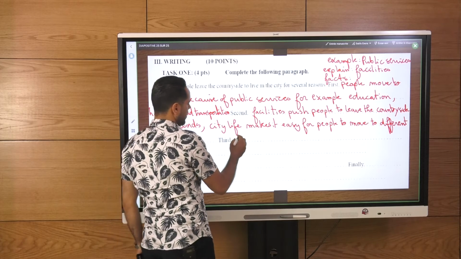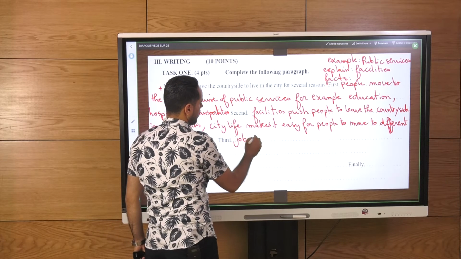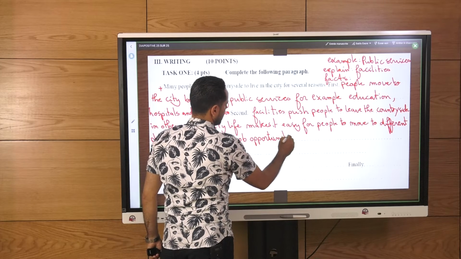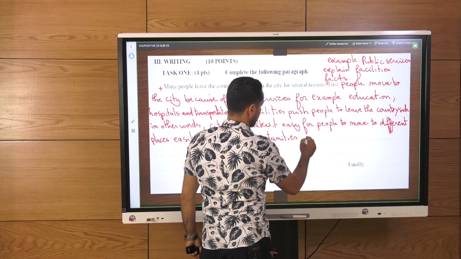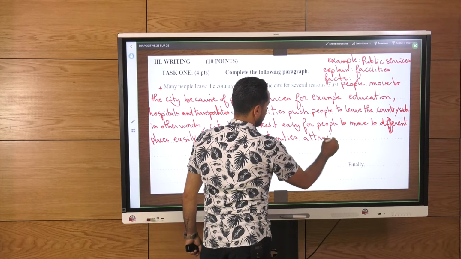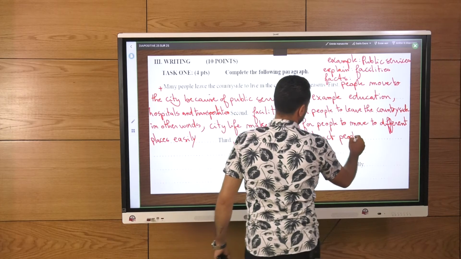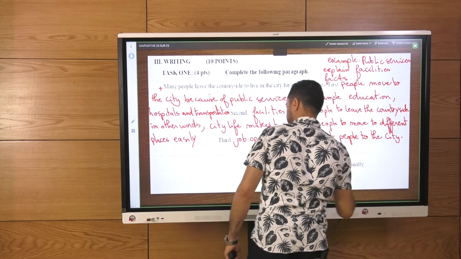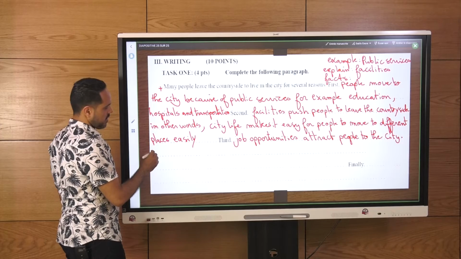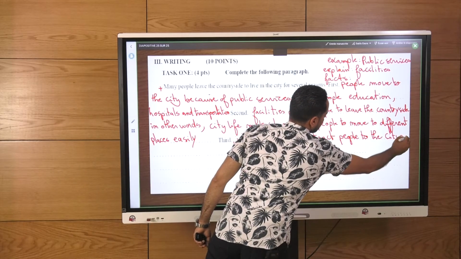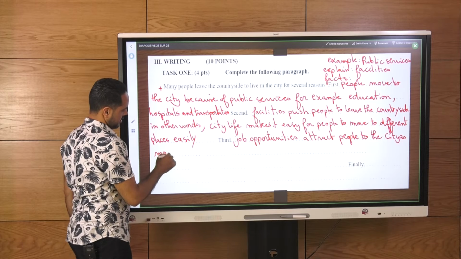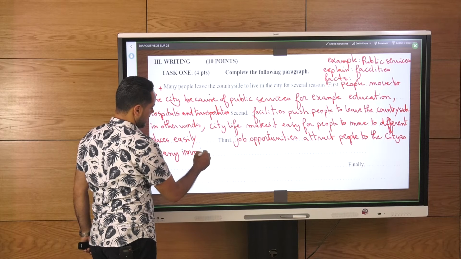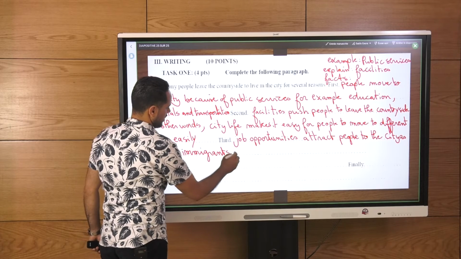And it will be like this. Third, job opportunities, okay, attract people to the city, as many immigrants, that means people who move from one place to another, as immigrants say.